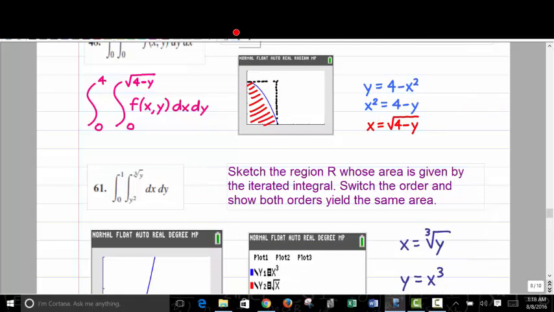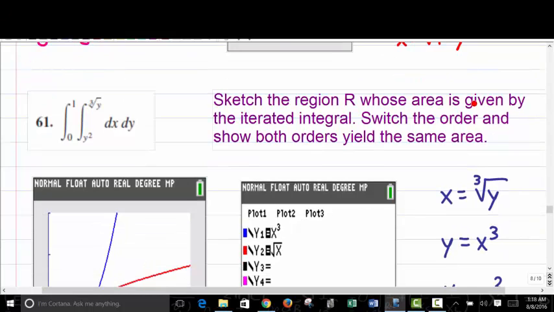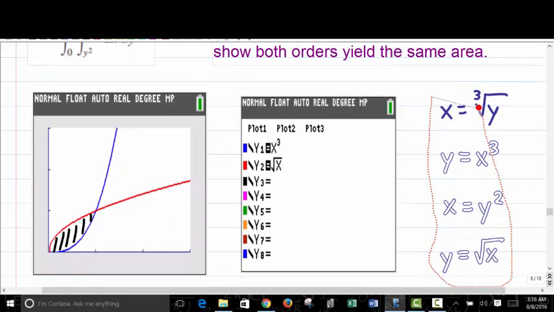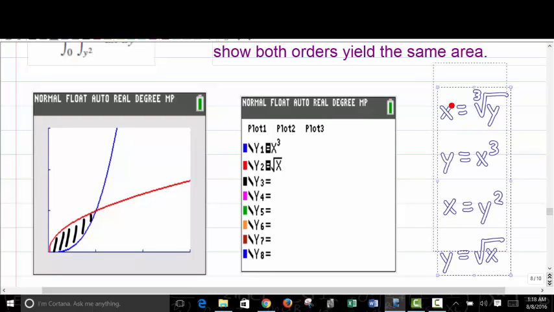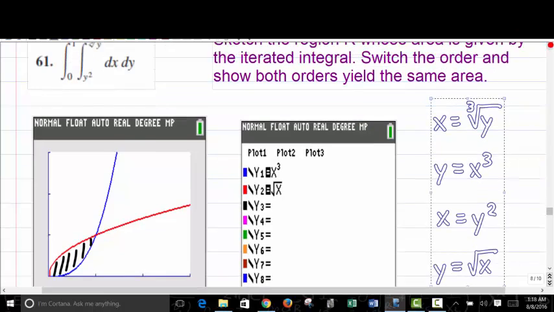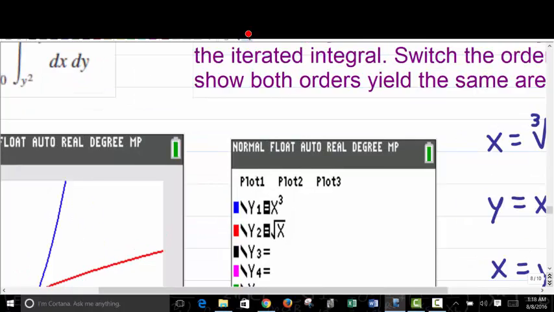So let's see what this says. All right, so you're going from y squared to the cube root of y for x, and then 0 to 1.